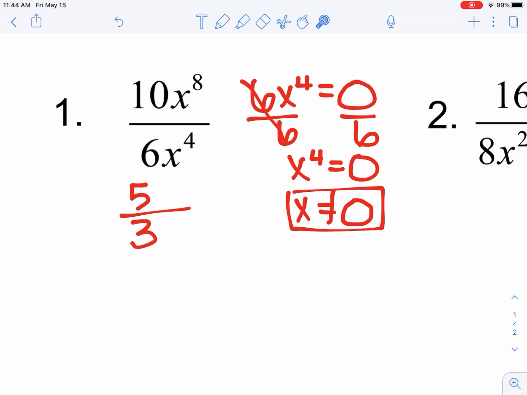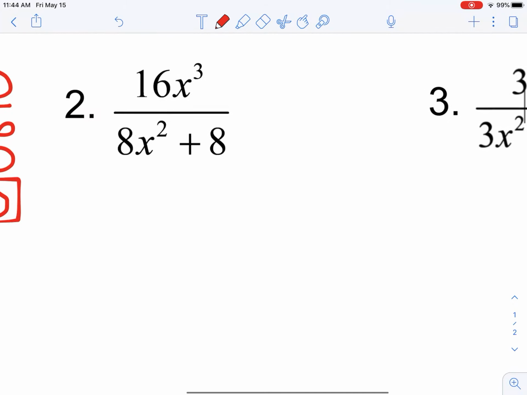Now remember, when we are dividing exponents, we subtract them. So we go where the bigger one is, which is 8 on the top, and we take 8 minus 4. So that gives us x to the 4th on the top. So our final answer is 5x to the 4th divided by 3, where x cannot equal 0.